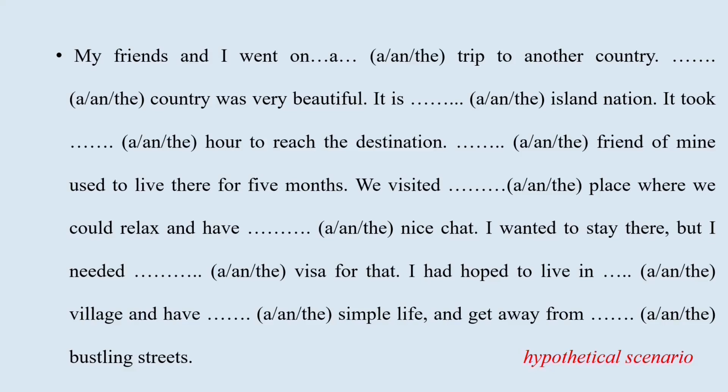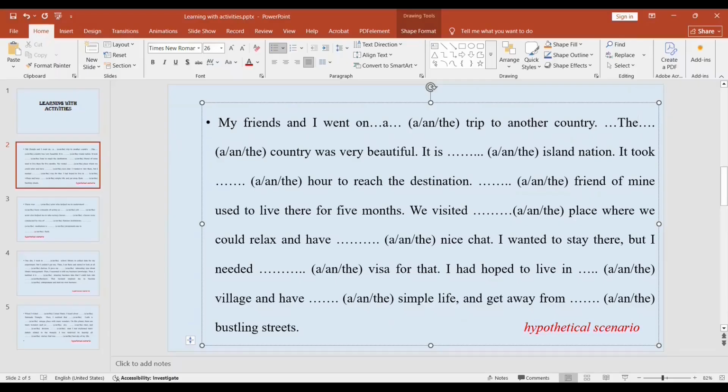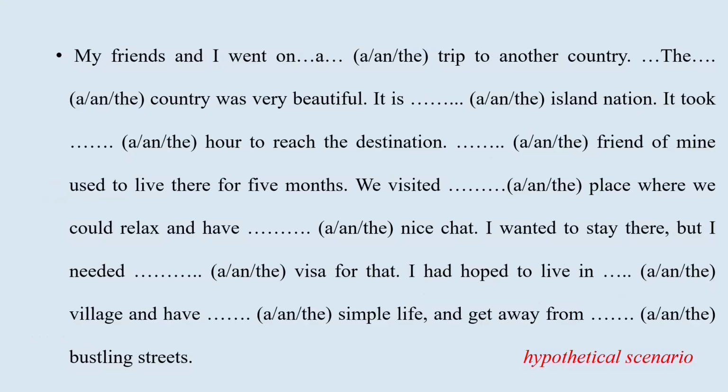The country was beautiful. It is blank island nation. Here we are introducing the fact it is an island nation for the first time. And also the word island starts with the vowel. Then the answer is an island nation.